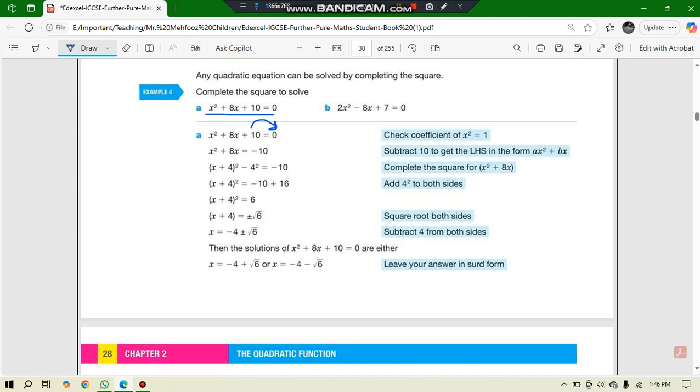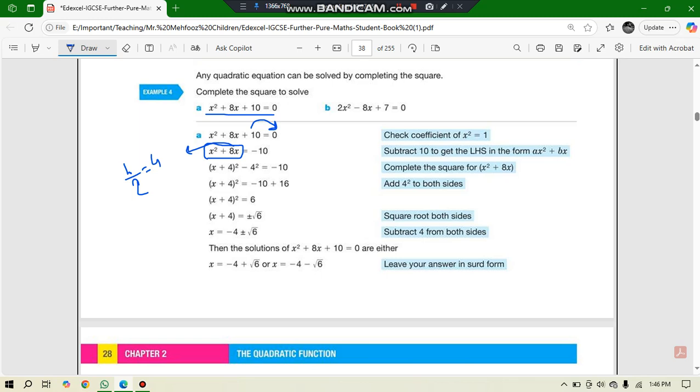So now this term is like the previous example. Here b is 8, so b over 2 is equal to 4, right? It means that here we have x plus 4 whole square minus 4 square is equal to minus 10.